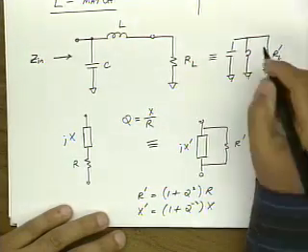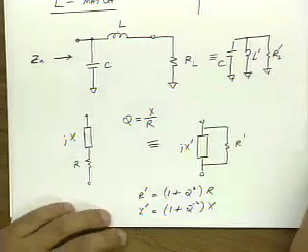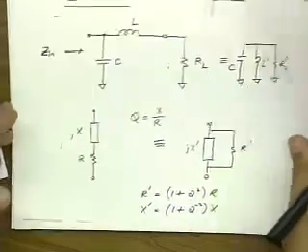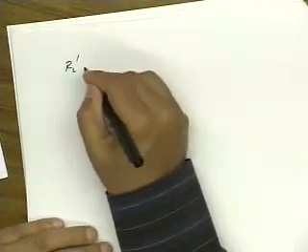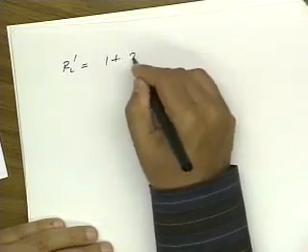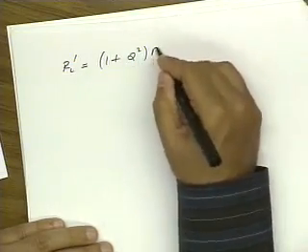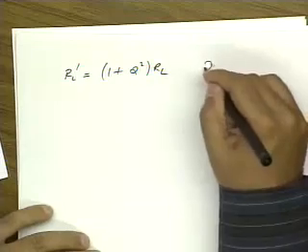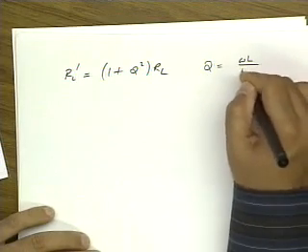So this will be RL prime, this will be L prime, and then this will be C. Okay? And if I just apply this formula, then RL prime is equal to 1 plus Q squared times RL, where Q is omega L over RL.